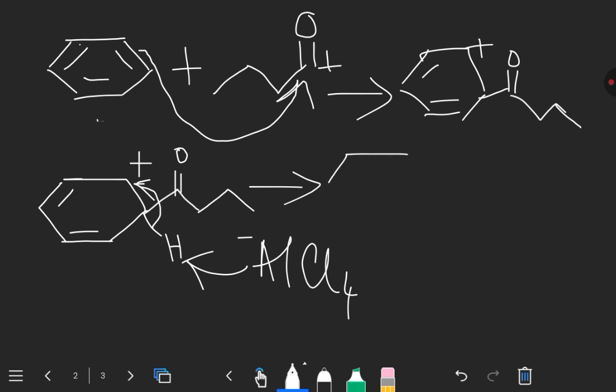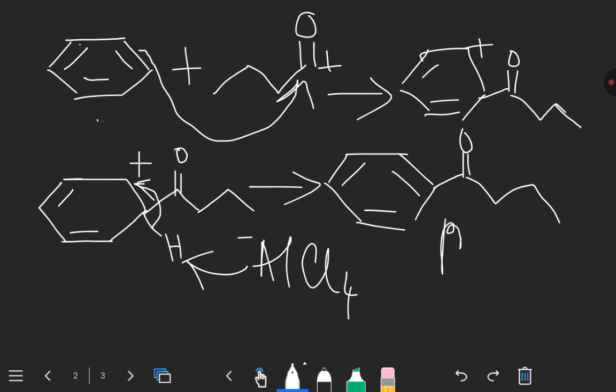So once the hydrogen has been deprotonated, we'll have a structure like that. This is now our product after we do Friedel-Crafts acylation of benzene.